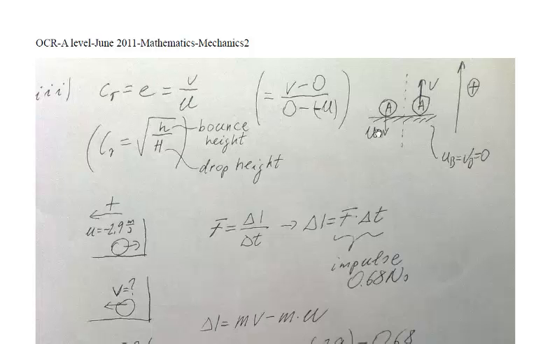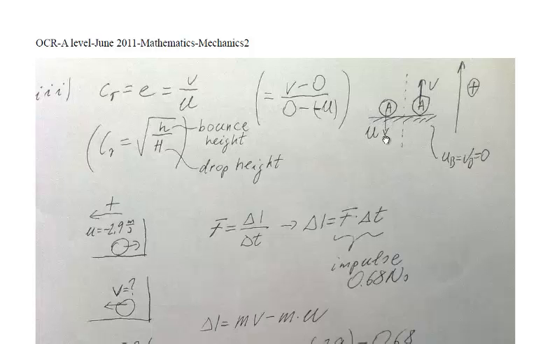This is because, for example, the floor is stationary, its initial and final speed is 0, and for example this is our positive direction, and the ball comes to the floor.